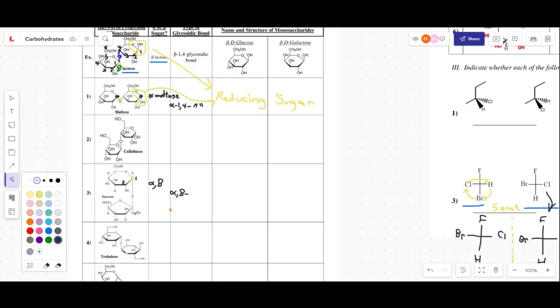It's weird because normally you would think to start numbering in the ring, but it's a little different because you have to look at what the chain was beforehand. This is a fructose molecule, and for these carbohydrate rings the numbering starts a little differently. You would call this number 1 and this number 2. So this is an alpha beta 1,2 glycosidic bond.